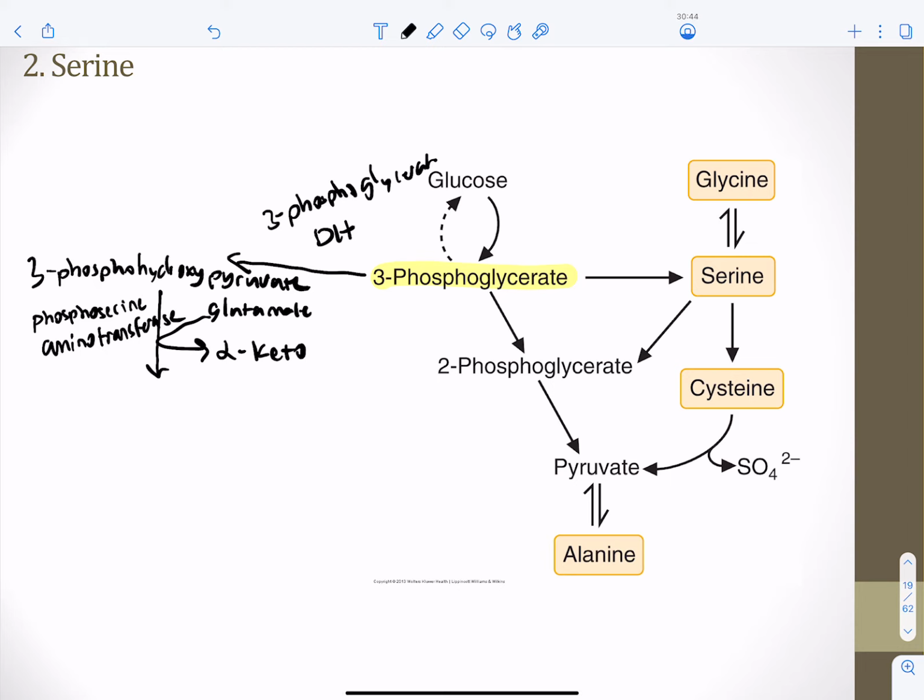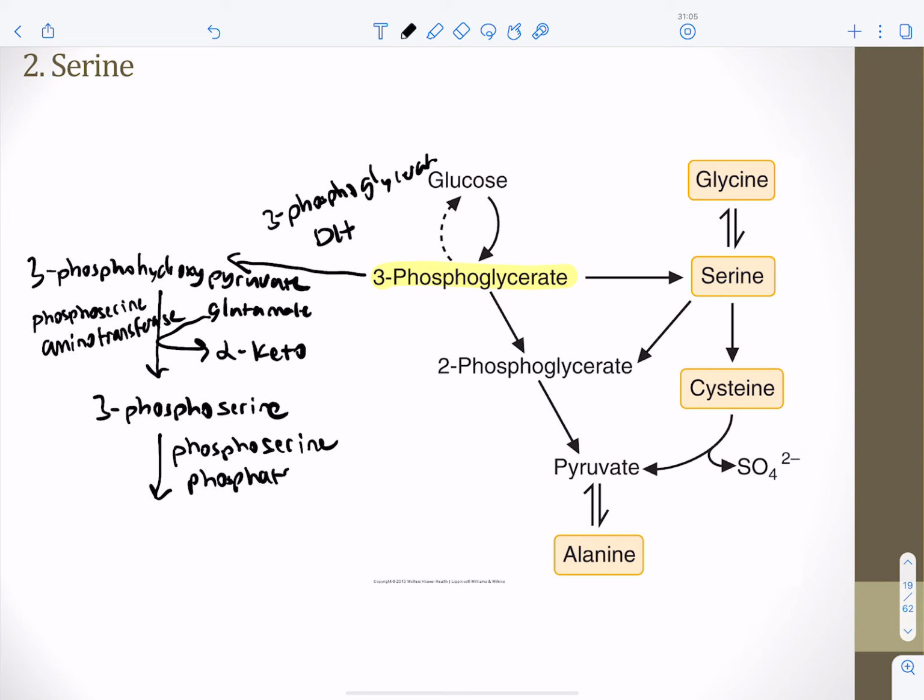And then you get 3-phosphoserine. Then we have a phosphoserine phosphatase, and that will lead to serine.